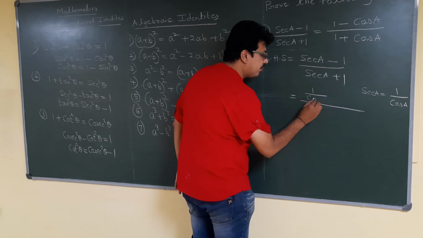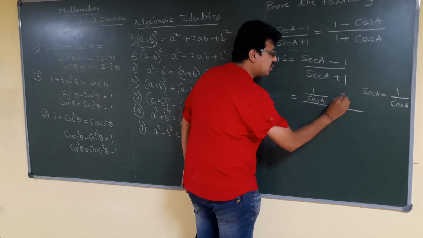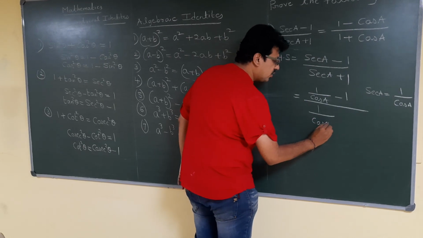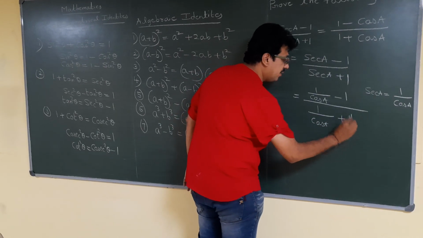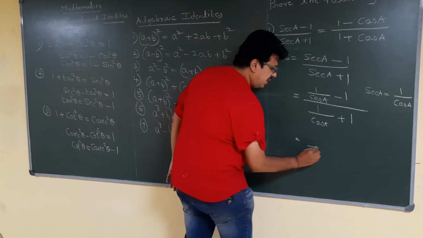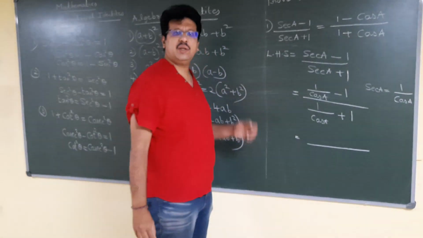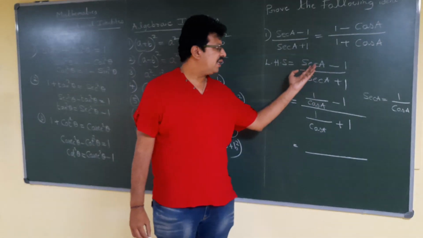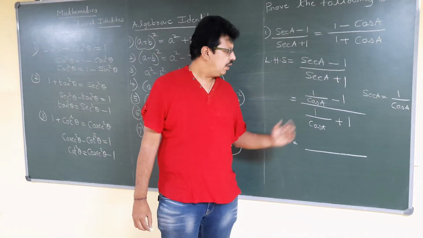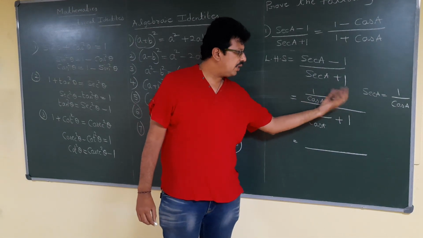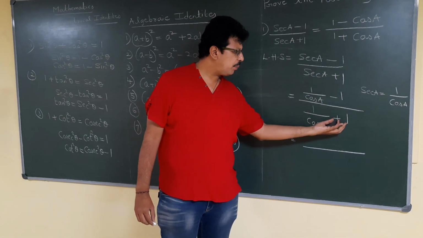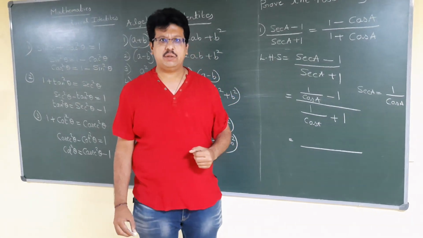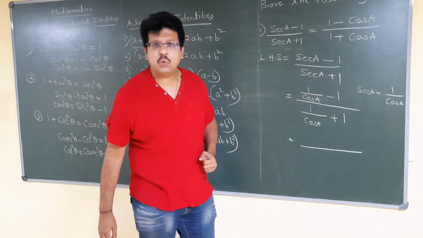So I am writing here 1 by cos A minus 1. The same thing I am going to write in the denominator also, 1 by cos A plus 1. It is very simple, so that you will be able to understand that secant A is 1 by cos A. Now when you see 1 by cos A minus 1, you should understand that whenever minus or plus comes, we should take LCM. That concept is very important, which you have learned in your lower classes.